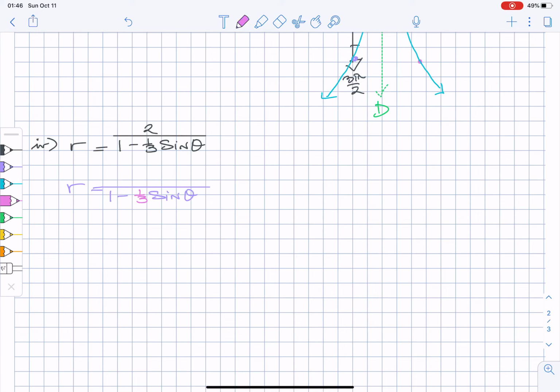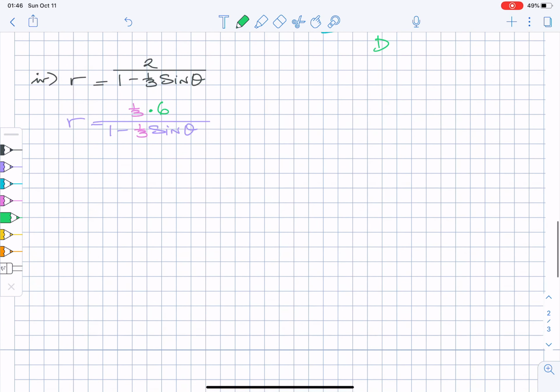So I claim the numerator, 2, is going to be 1/3 times 6. Is that true? Okay. So the eccentricity is 1/3, which is strictly less than 1, which means that this is an ellipse.